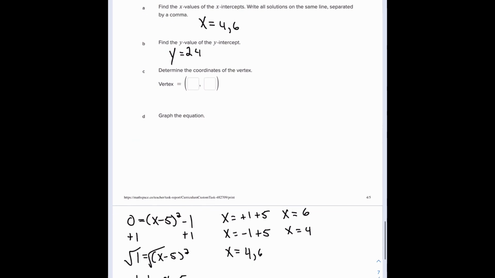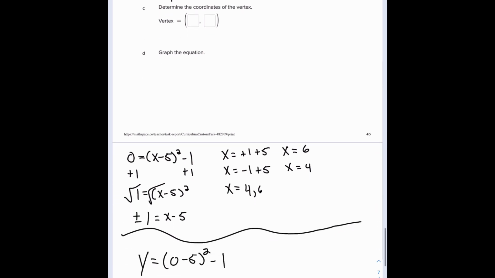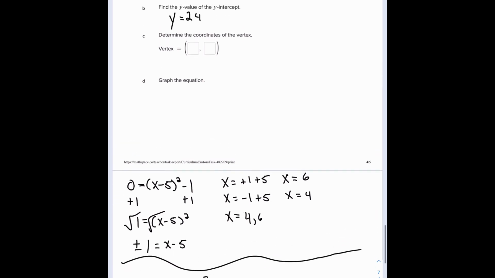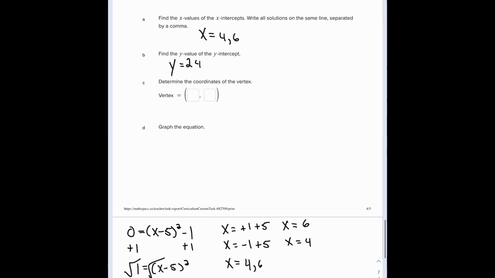Okay, now we're asked to find the coordinates of the vertex. So remember, we need to know what B and A are in this case. So we can expand the squaring of the binomial, right? So we square, multiply and double, and we square again, and then we still have our minus 1. And we know that x equals opposite B over 2A.